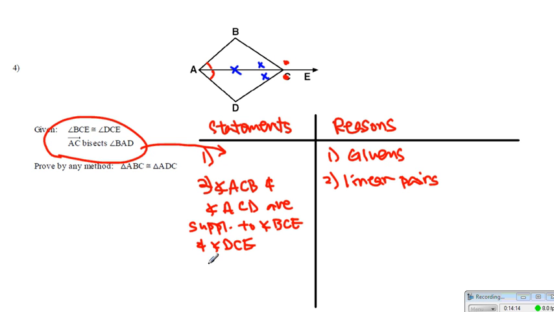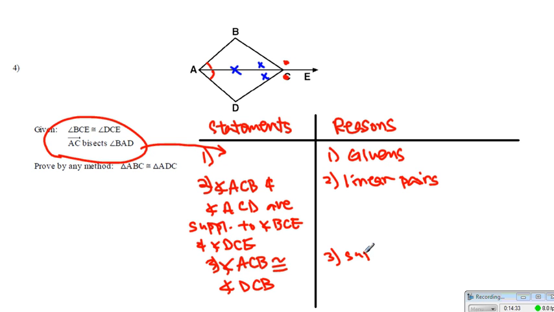That's what it means. Number three, because those happen to be the supplementary to congruent angles, we get to realize that angle, once again, ACB must be congruent to angle DCB. Why?